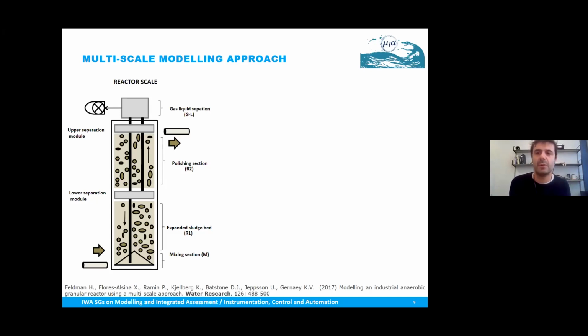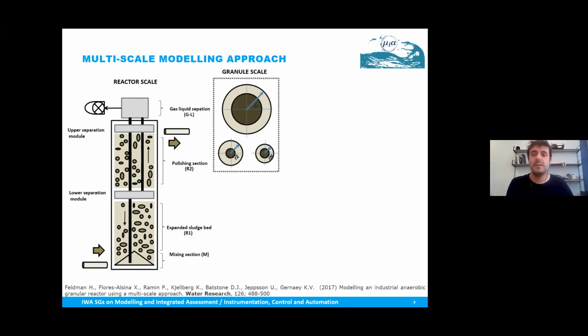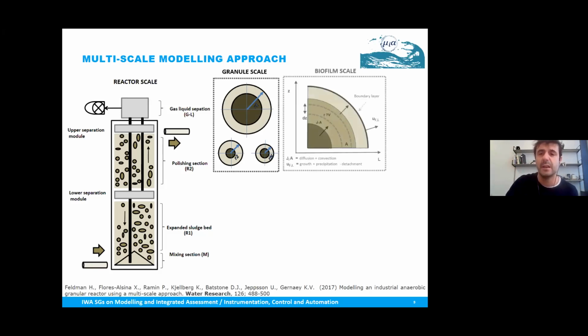In order to model this type of reactor, we used what we call a multi-scale approach, where we try to describe the hydraulics by combining different types of continuous stirred tank reactors. Then we assume different granule sizes: bigger granules at the bottom and smaller granules at the top, just to mimic the effect of gravity. And then we went for full biofilm modeling.